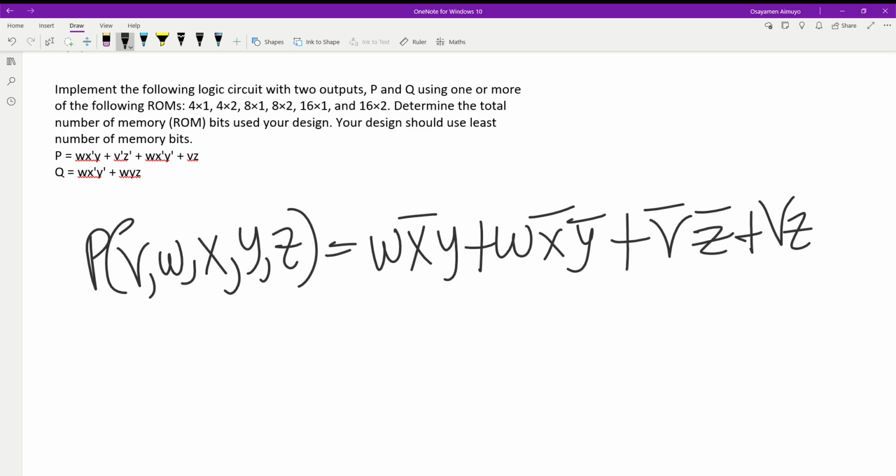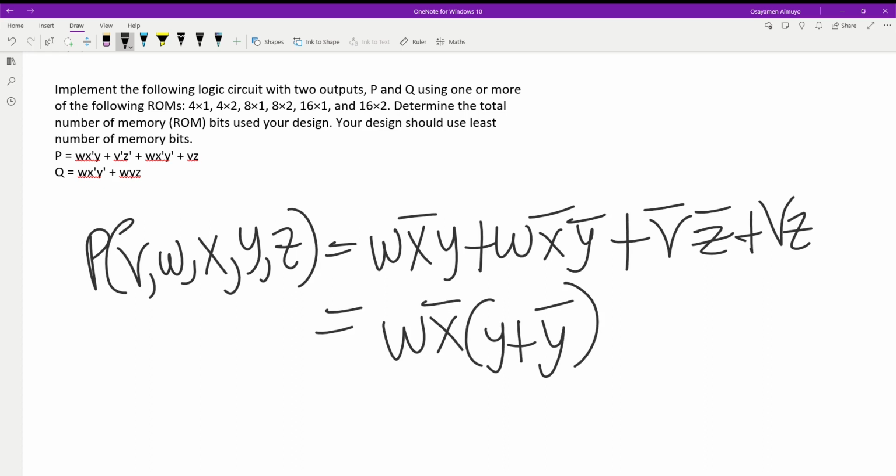We can notice that we can factor out a wx bar here, and then you have y plus y bar. Now for this function, you can't even use a k-map. It's 5 variables, so don't even try it. Do not even think about it.